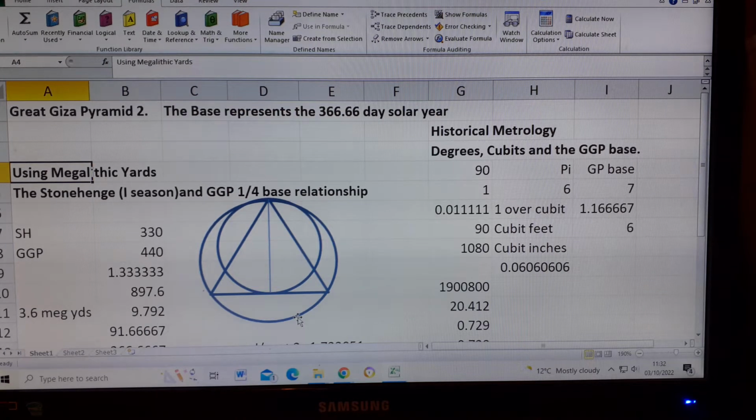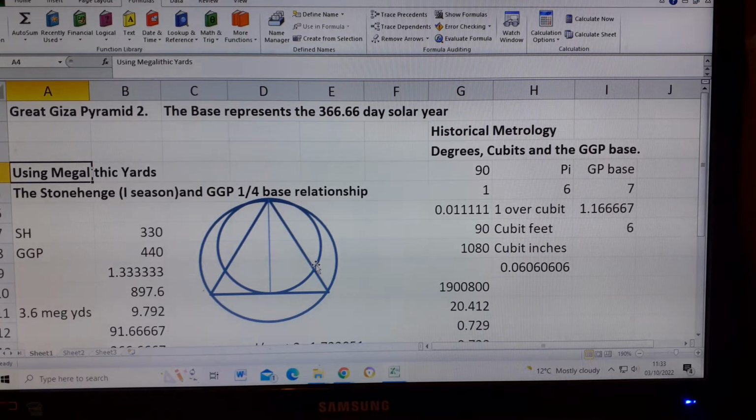So that's 440 cubits, not megalithic yards. But the relationships are what are important, not the actual units that were used by the ancients. And this is 4:3. So this circle is 4/3 of this one.